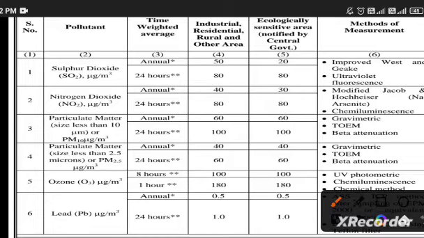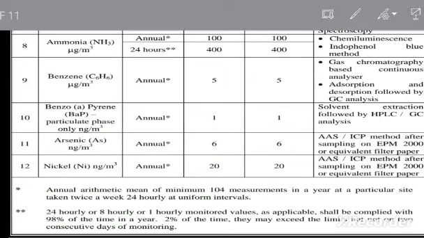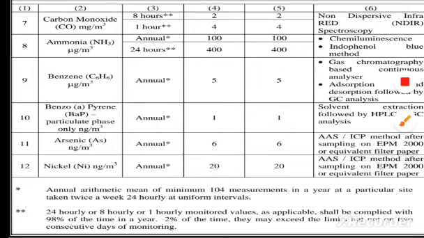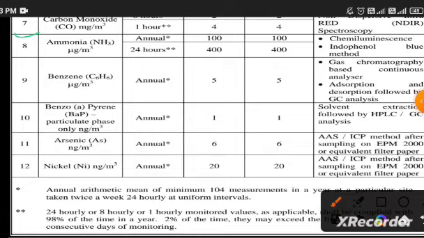In the previous video, we discussed the criteria air pollutants, which are sulfur dioxide, nitrogen dioxide, particulate matter, ozone, lead and carbon monoxide. So in this video we will know about the others in detail.